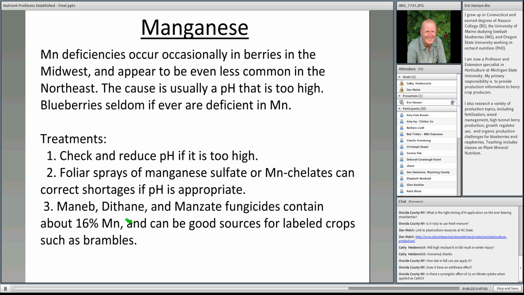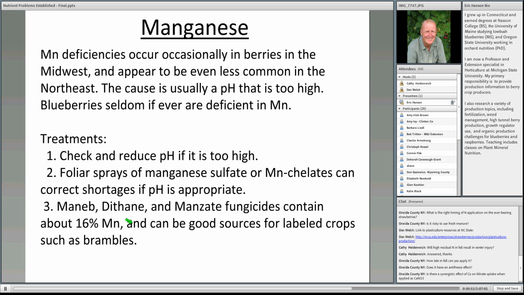Manganese. This is another micronutrient where deficiencies can occur in berries in the Midwest, and from what I read, they're probably even less common in the Northeast, partly because it again is usually pH related. If the pH is too high, this limits the solubility of manganese and can cause deficiencies.